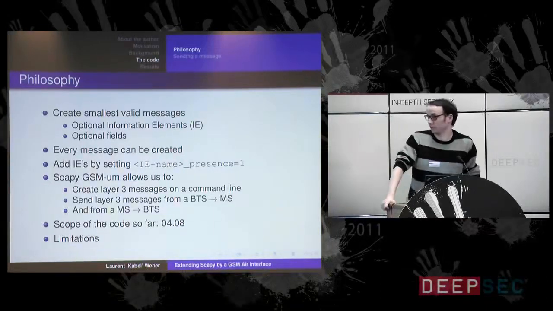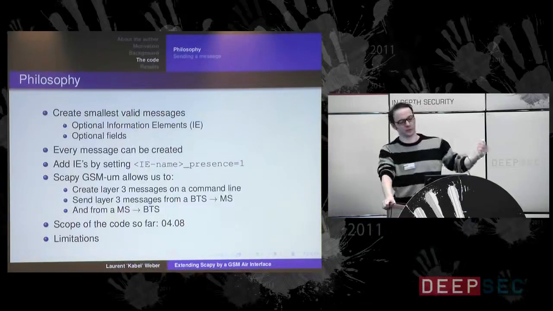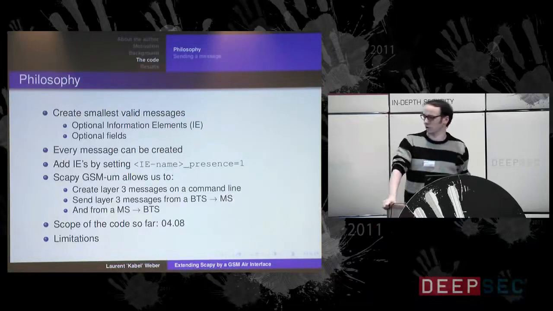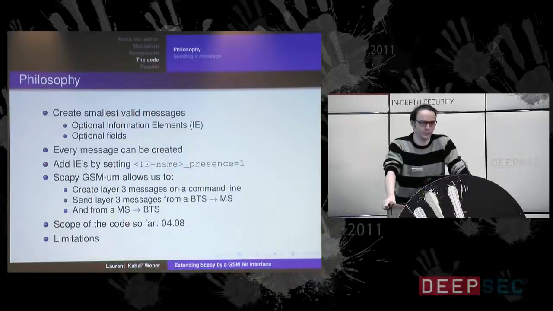The limitations, well, I have to admit there's basically one limitation, and that's that you are unable to dissect incoming packets for the moment. This means packets that are answers you get, you cannot dissect them using Scapy for the moment. I didn't need it. When I was doing my research, I simply piped the results over GSMTAP to Wireshark, and there you have a dissector for layer 3, so this was good enough for me.